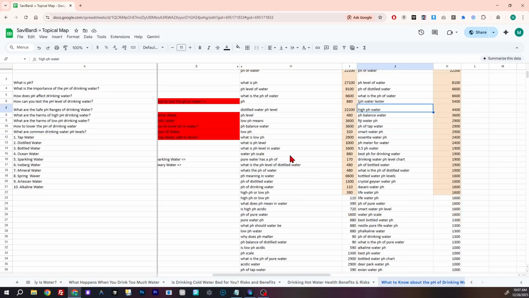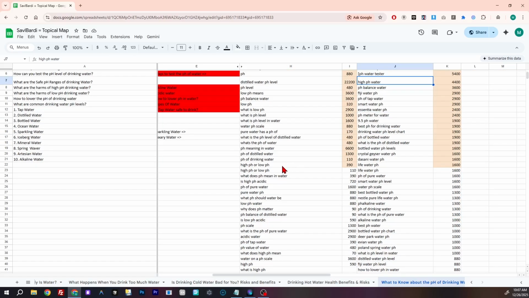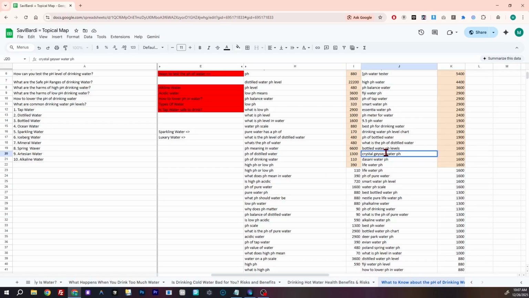And if you look at the bottom parts, you see acidic and basic, or certain brands like Crystal Geyser. If you focus on Crystal Geyser, that means it is a water source, and since it is a water source, it is an entity class. That means you will need to add more examples that come under this specific class in your content brief. And here the Fiji water and pH level, pure water, or other aspects in the queries.